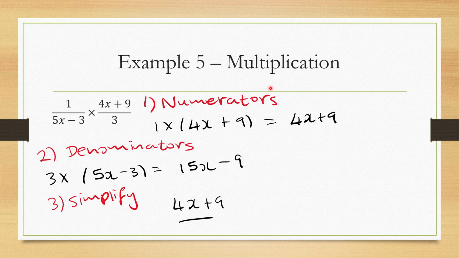When we do that, it becomes 4x plus 9 over 15x minus 9. As you can see, on the top you can't take any common factors out. On the bottom you can take a 3 out, but there's not much use because the 3 doesn't get cancelled out, so you just leave it as it is.